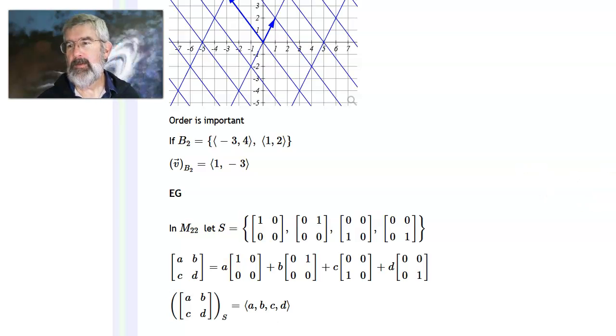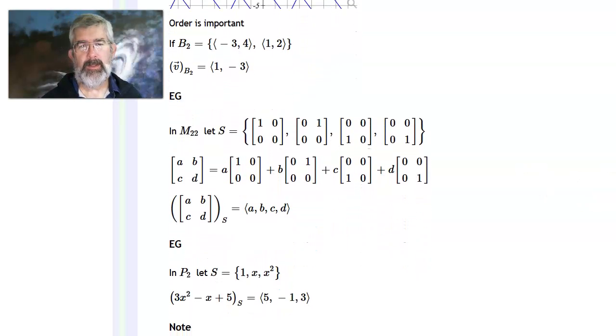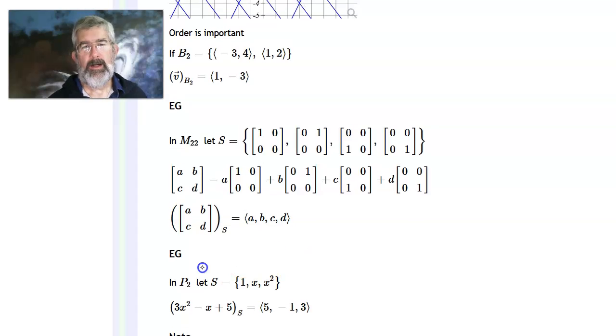In the same way, we could do something like this, where I'm going to look at polynomials, second degree polynomials, or degree 2 or less, right? Where my basis is the standard basis, 1, x, and x squared. And I'm going to pick a random quadratic polynomial, 3x squared minus x plus 5. And I say, what is that vector?